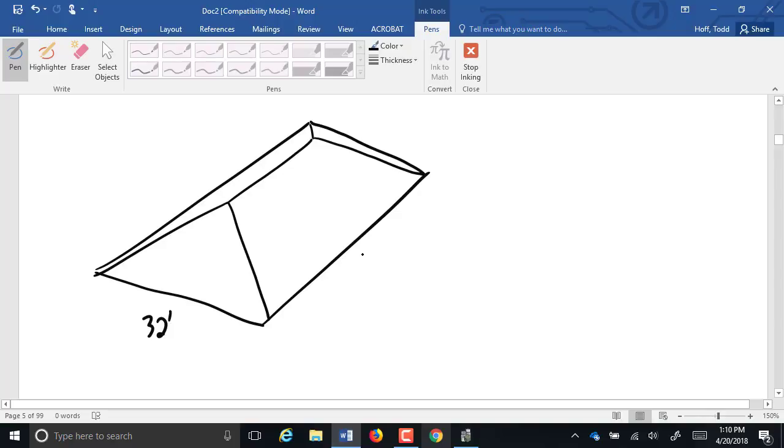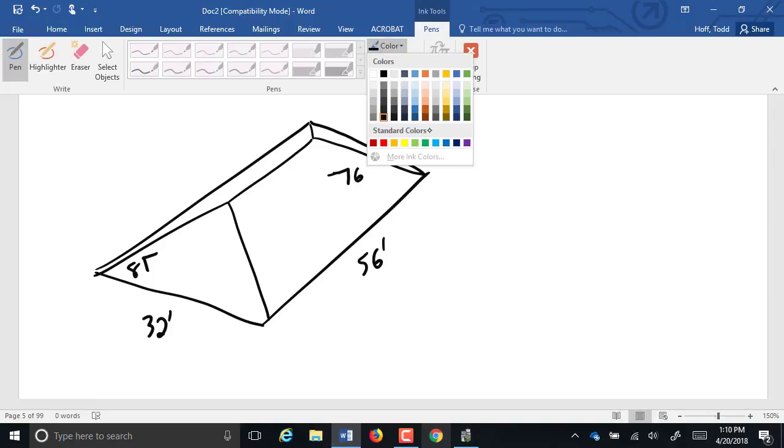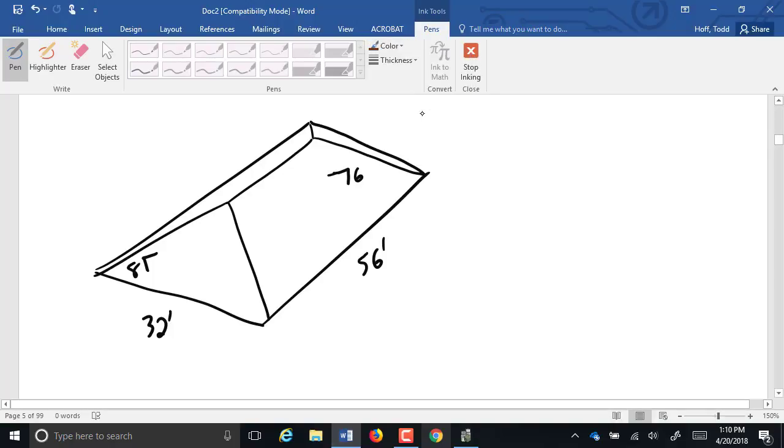We're going to make this up here 56 feet. This end slope here, let's make that an 8/12 slope. The side slope here, let's make this a 6/12 slope. I want to find a few things here.